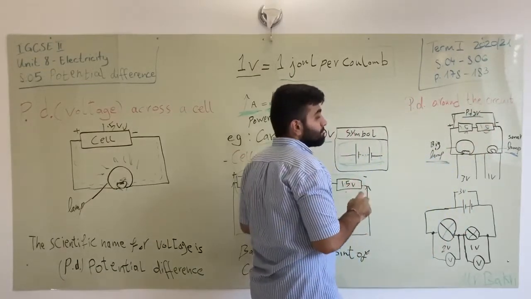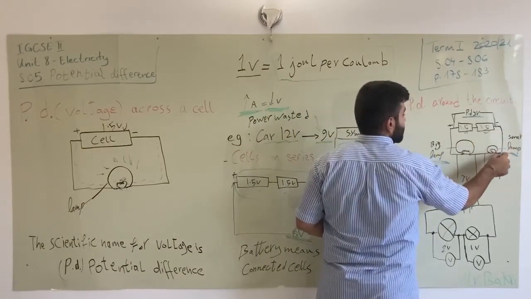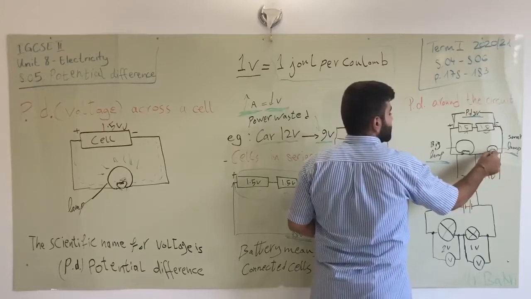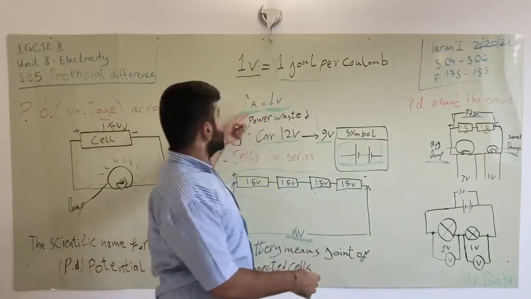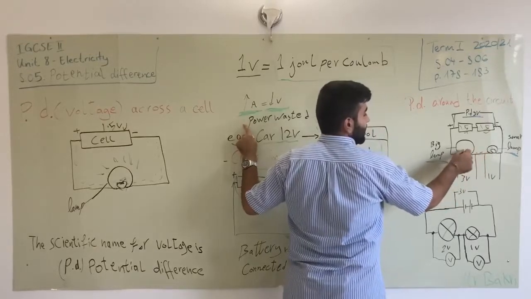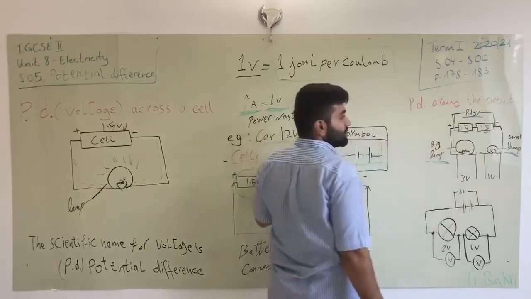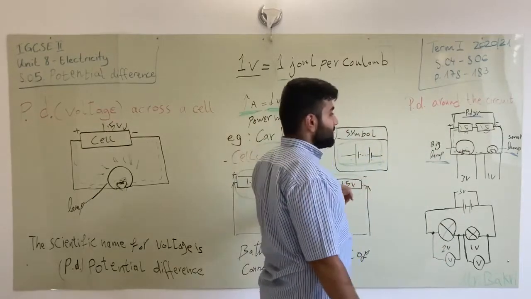Okay? So the thing is, the current comes from here, taking up the filament, and the volt will go down. Continuing, again the volt will go down, coming back to the battery or to the cell.